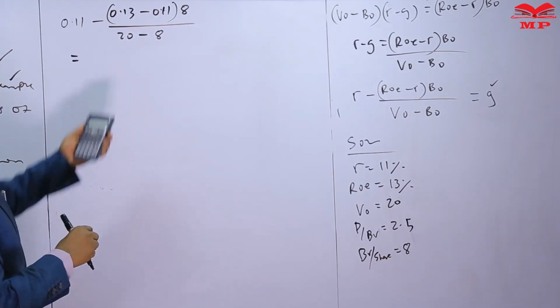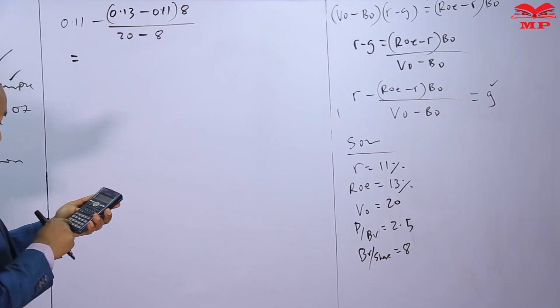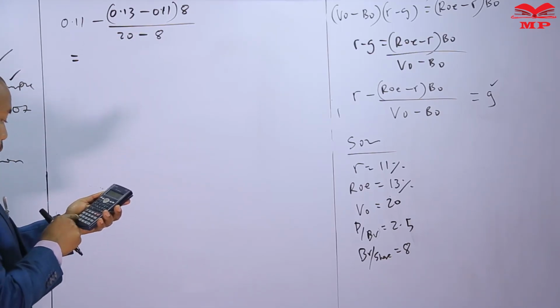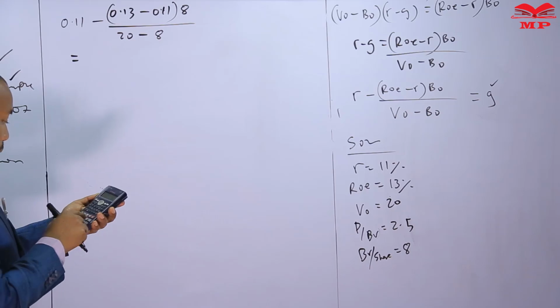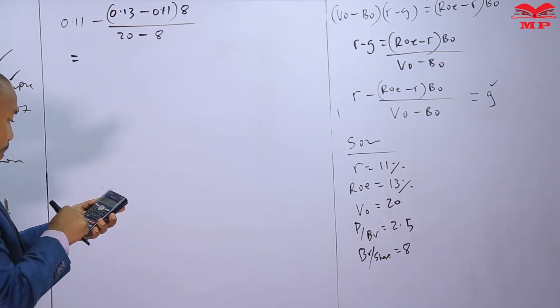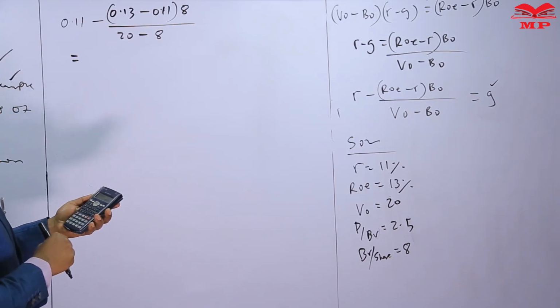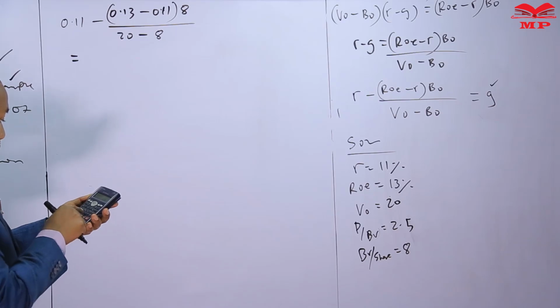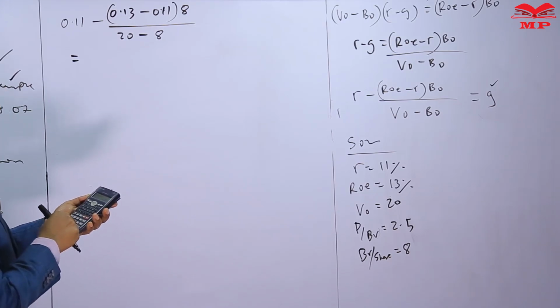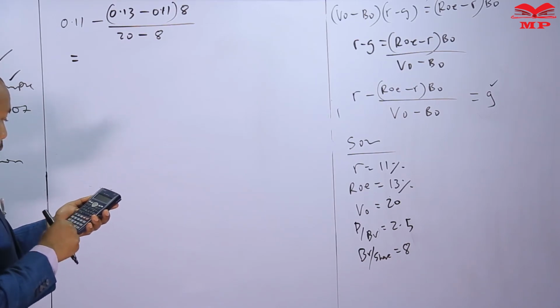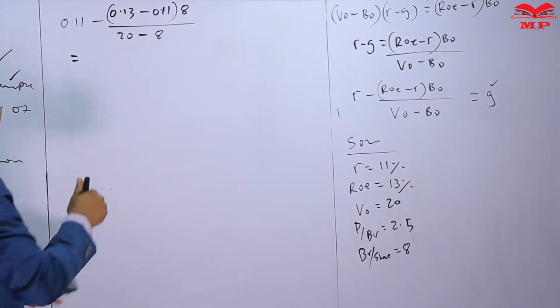So we will first of all work out this component. So 0.13 minus 0.11 there, then multiplied by 8. There we have 0.16 divided by 12, which is 0.0133.